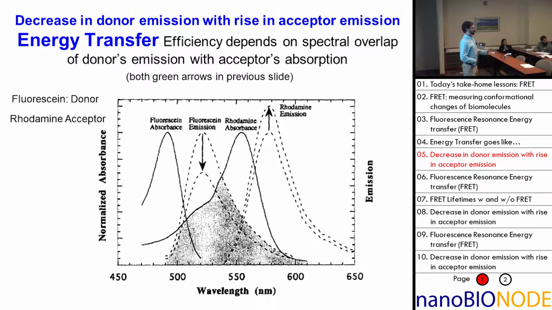Okay, so let me interrupt you. What am I asking? Let's say I have the donor by itself, which is emitting with some intensity I of the donor.